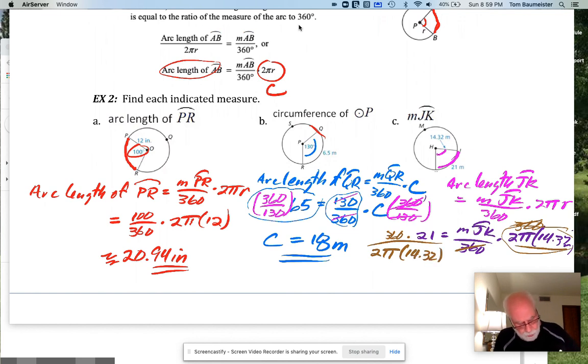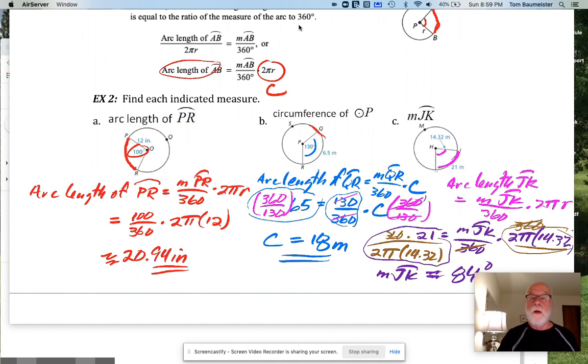Okay, so now we got the measure by itself. So the measure of JK is equal to, again, if I plug all of this in together, approximately 84 degrees. And that's it, ladies and gentlemen. All right, pretty straightforward. Nice one to come back to.